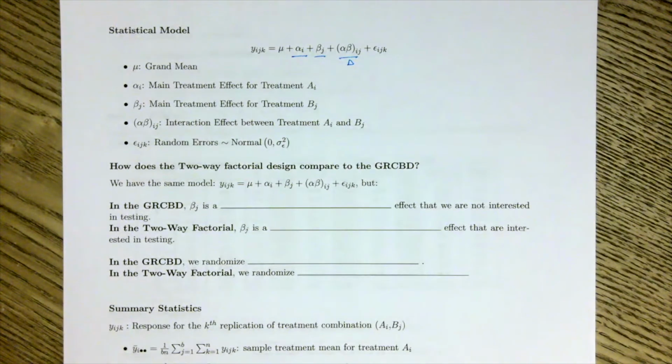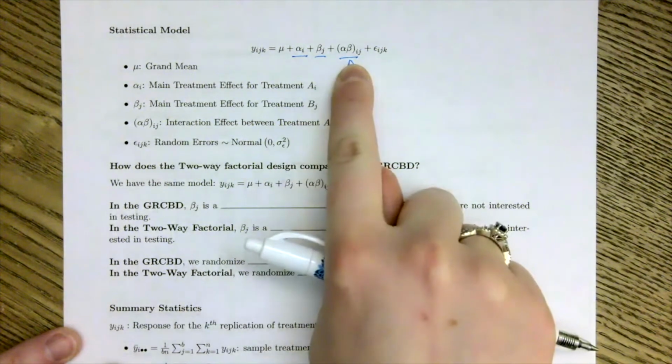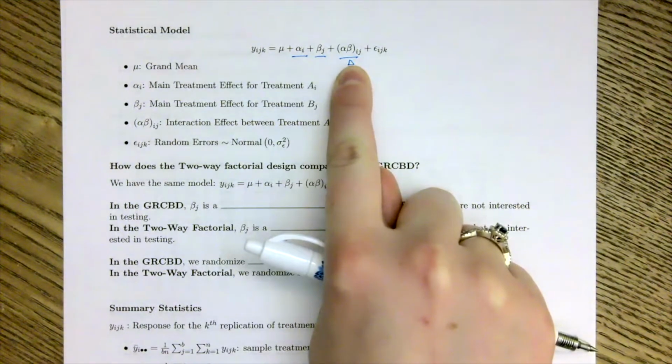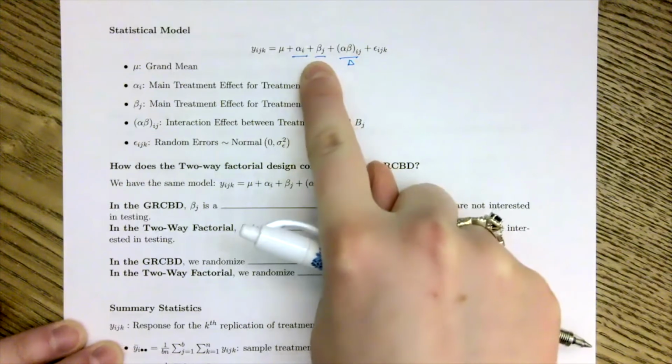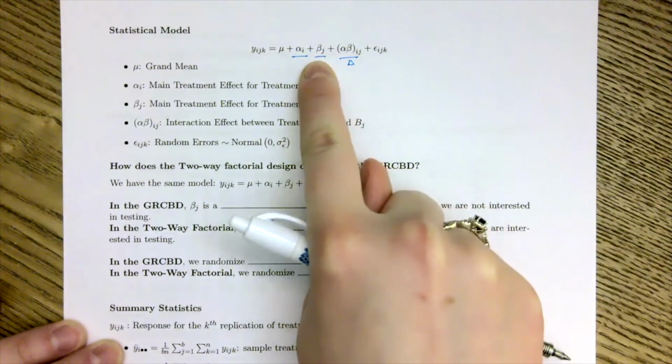A lot of times this could be part of your research question that you're interested in. But again, the big difference between this statistical model, which looks similar to a GRCBD, is that our beta J is no longer a blocking factor, it's a treatment factor.